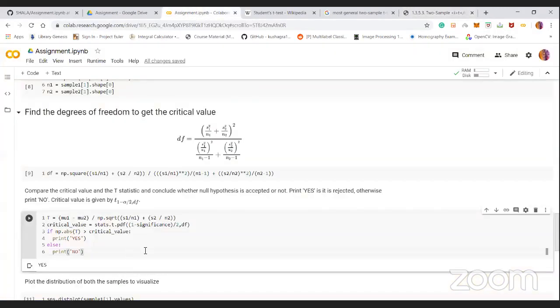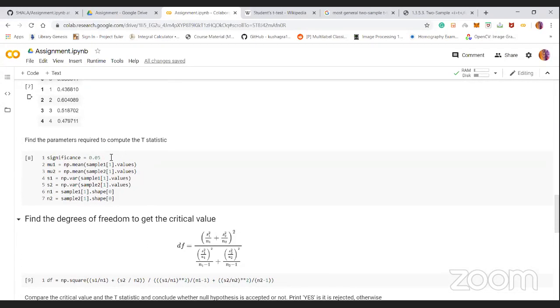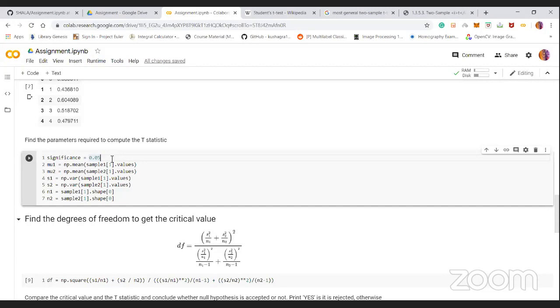The critical value is found by finding the value from a t distribution. For that we need a significance level. As I mentioned in the PDF of the assignment, the significance level is nothing but how much error you can tolerate while accepting a hypothesis. Here I chose a significance level of 0.05.